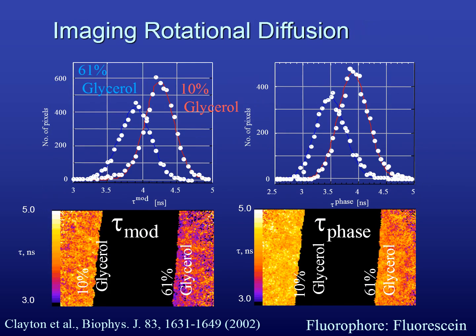As you see here, if we look at tau mod and tau phase with different concentrations of glycerol of a particular dye, fluorescein, you can see that by changing the concentration of glycerol, we seem to be changing the apparent lifetime in the parallel and perpendicular channels. That is interesting.